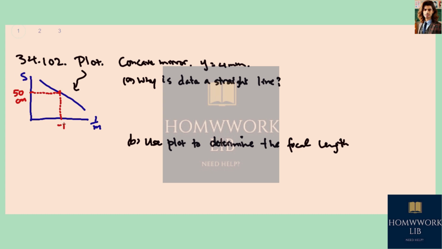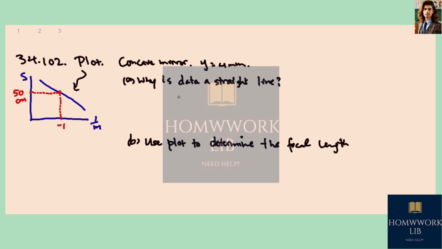I've only reproduced 1 point here, which is 1 over m at minus 1, which corresponds to an S of 50 centimeters. And this is supposed to be a straight line.